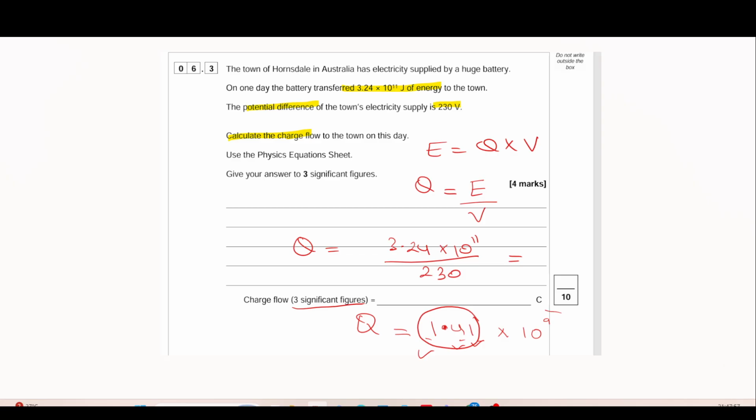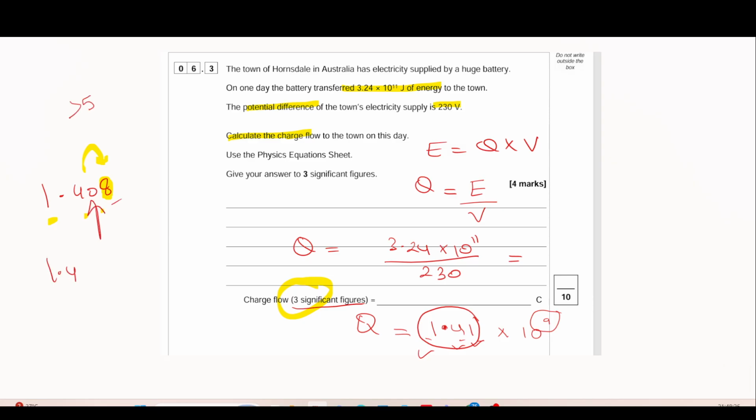How is it 1.41 though? Wouldn't it just be 1.40? Okay, because you have to round it. You see, it is 1.408 like this, right? So you will check the digit after the third one, because it says three significant figures. After the third, if this digit is 5 or greater than 5, then you add 1 here.